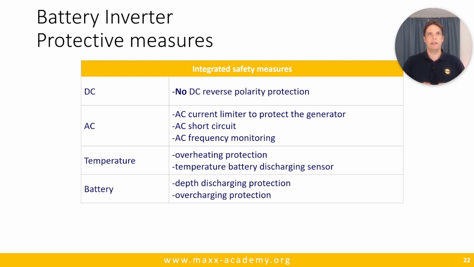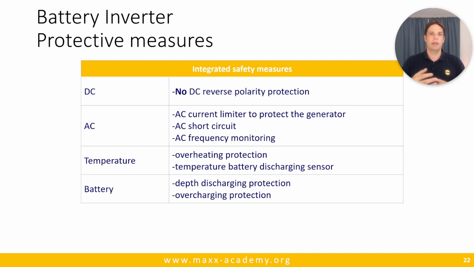Also there's AC short circuit protection and AC frequency monitoring. So if the generator or the grid goes outside the set frequency range, then it will not connect to that source. On temperature, it's got an overheating protection built in. So if it starts getting hot, it starts reducing its charging current, or even shutting down if it gets too hot.